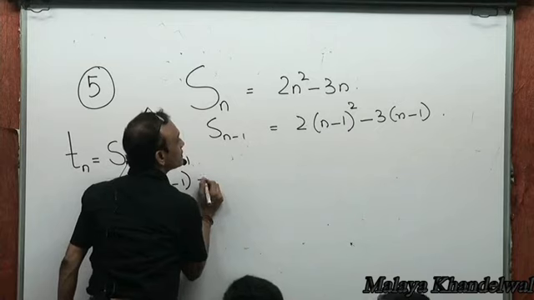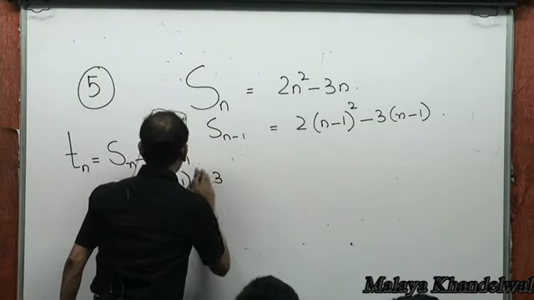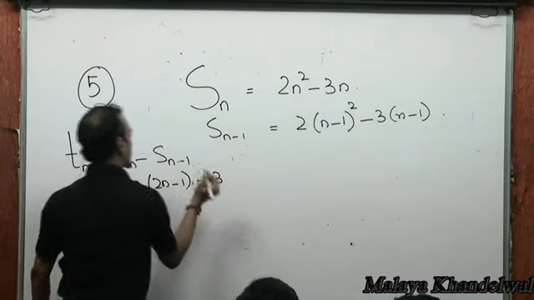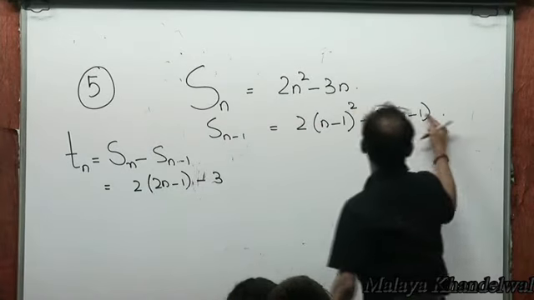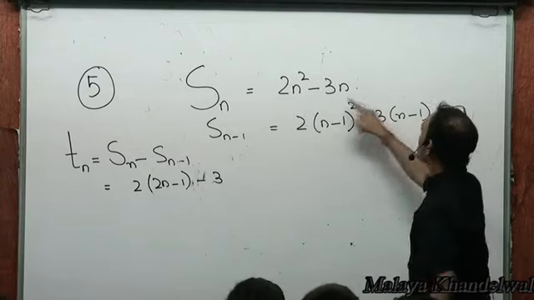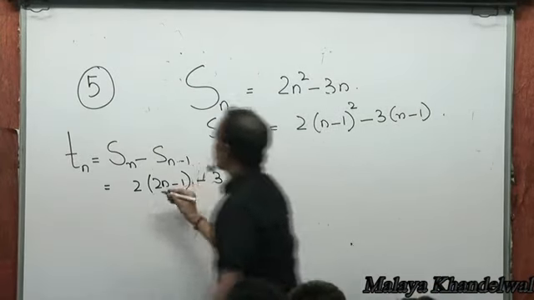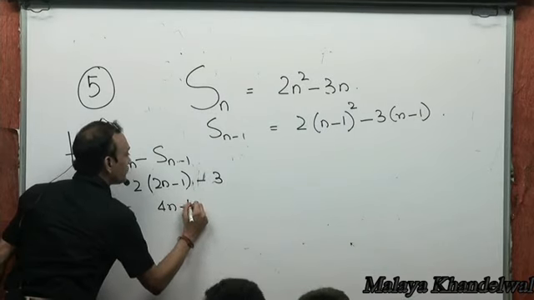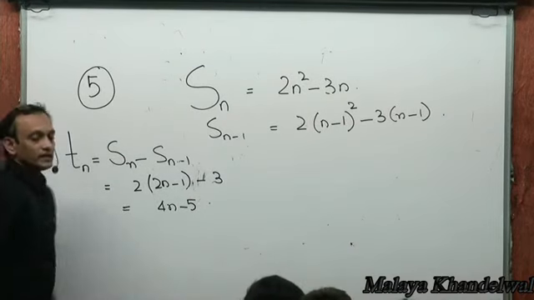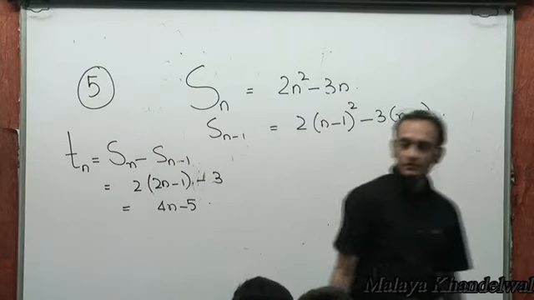So, plus 3, minus 3. Do you realize that? Minus 3 into n minus 1. So, that's 4n minus 5. 4n minus 5 is the nth term of the sequence.